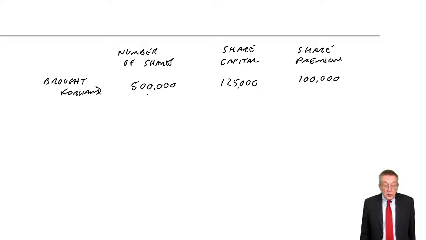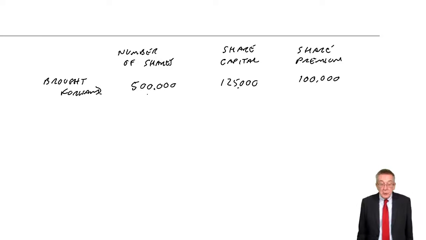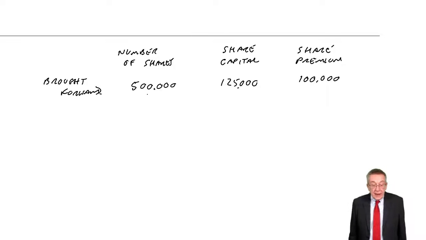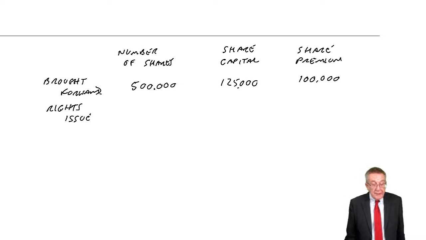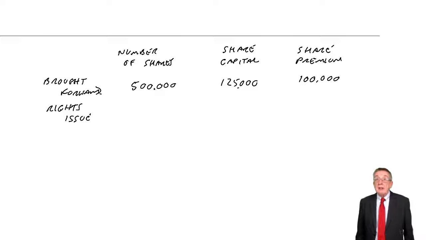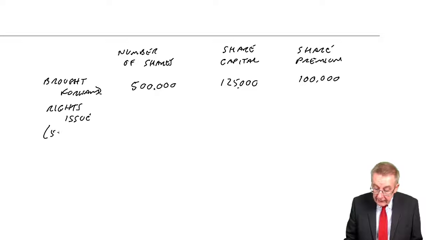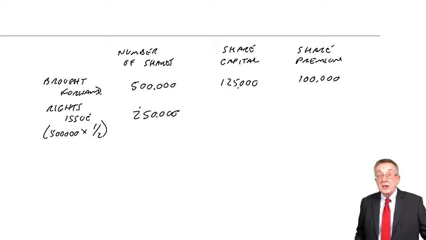Now let's work through in date order what happens. During the year to December 2005, the company made a rights issue of 1 share for every 2 held. At the moment there are 500,000 shares in total, so if everybody's offered 1 for every 2, they're issuing 250,000 more shares.